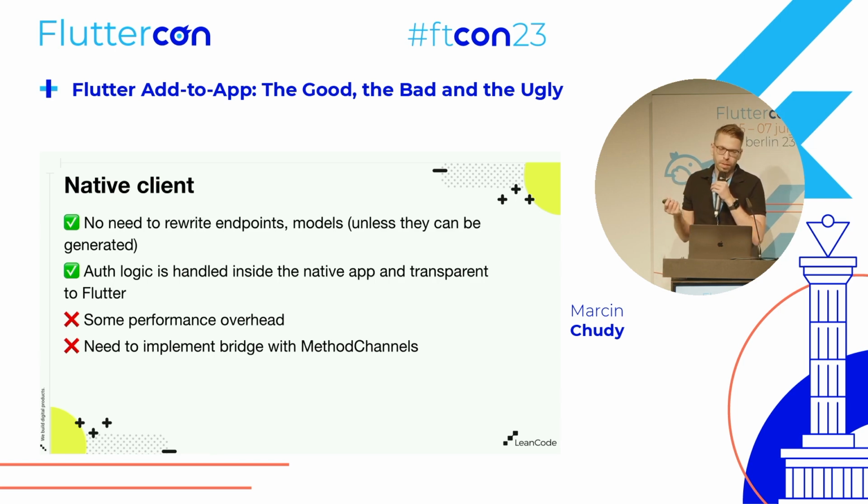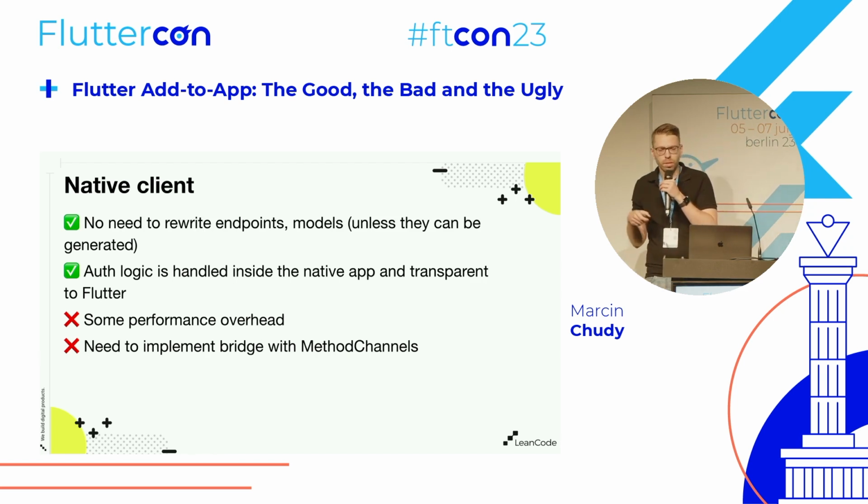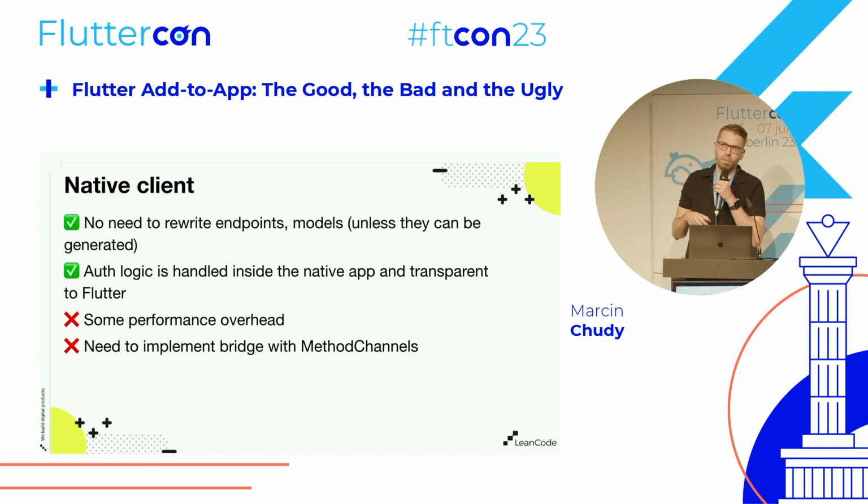Of course, there will be some performance overhead with that, because you need to call the native code, and you still need to implement and maintain this bridge, which can also be quite large when the amount of Flutter code you're writing starts to grow.